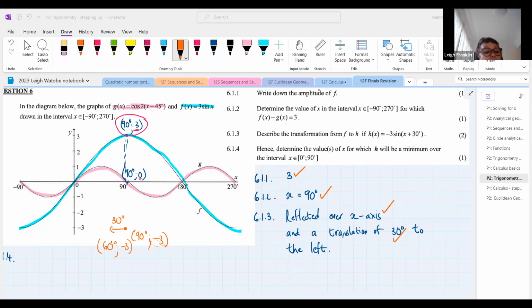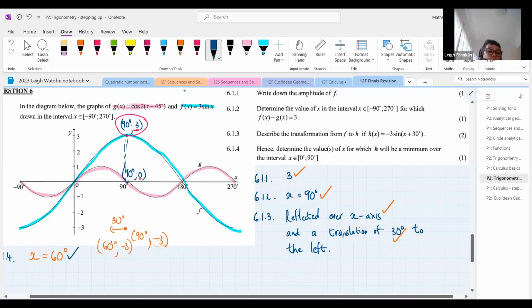So this is going to be when x is equal to 60. Does that make sense to everybody? Good stuff, everyone. Well done. And obviously there would just be 1 mark for our answer.